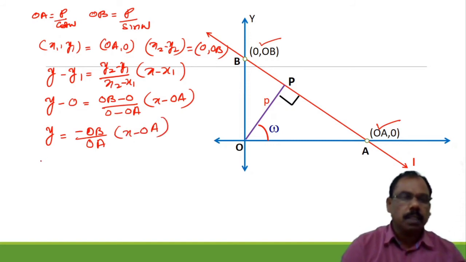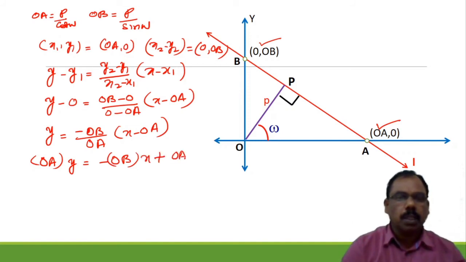Cross multiplying, OA into y is equal to minus OB into x plus OA into OB.